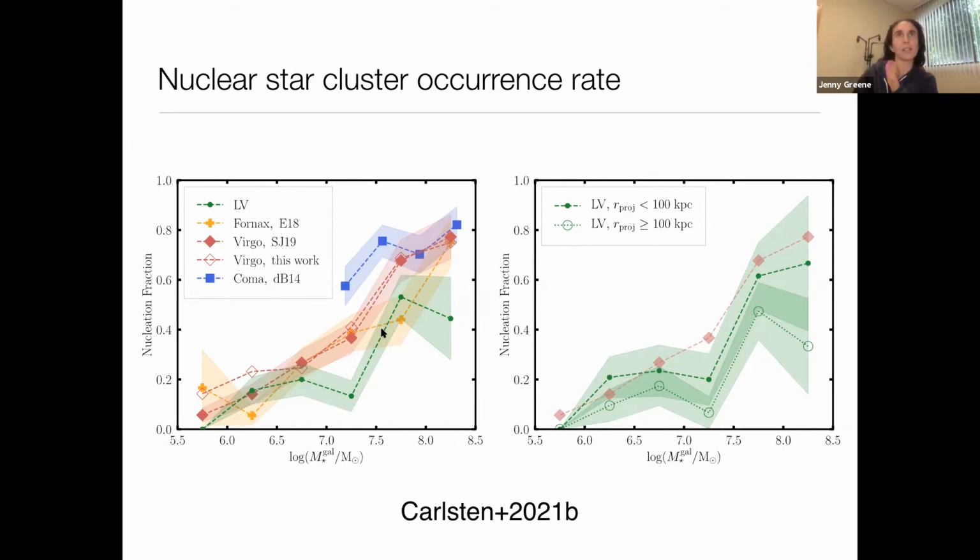And so that's an interesting result where I don't fully understand which aspect of environment matters, whether it's that you were more vigorously star forming if you fell into a cluster early, and so you're more likely to have a lot of globulars and thus a nucleus, or something else. But that's a fun result to look out for later.